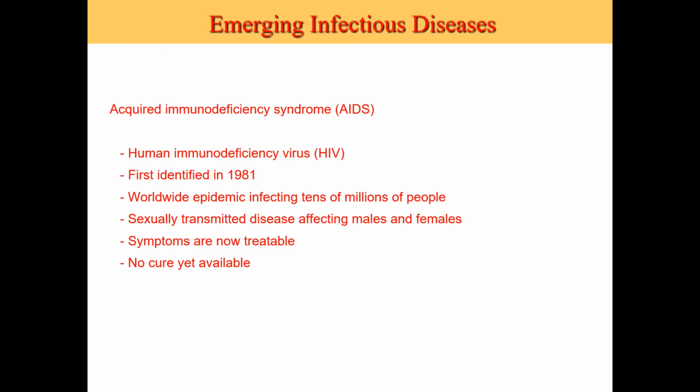Another important emerging infectious disease is AIDS. This disease is caused by the HIV virus, right? Human immunodeficiency virus. It was first identified in 1981 as a disease because of an outbreak among young homosexual males.